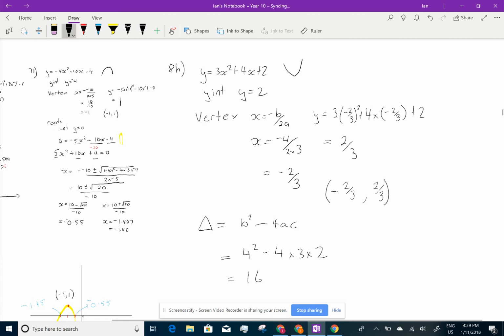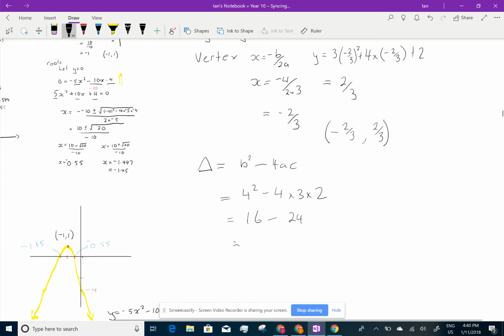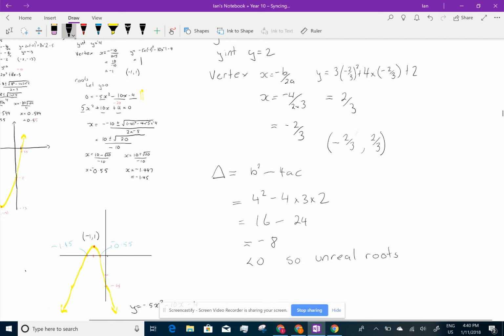Well, that's 16 minus 24. 4 3s are 12, 24, which is negative 8. And negative 8 is less than 0, so unreal roots. But you knew that because you knew the vertex was positive.